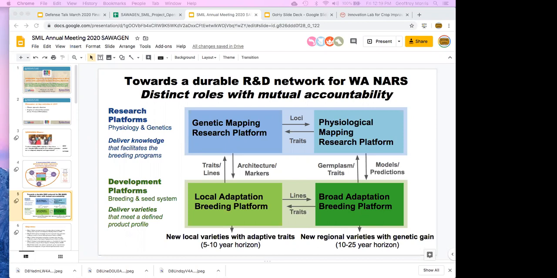Currently, with the WAP project, we have collaboration with all the NARS. We have implemented a network of NARS countries: Senegal, Mali, Niger, Burkina Faso, and Togo.